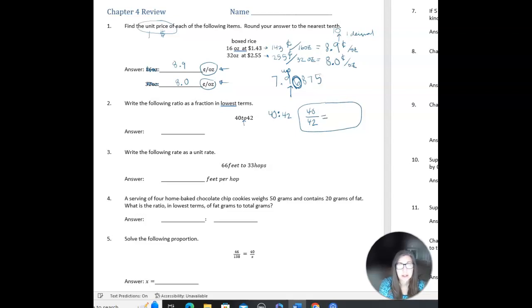I'm going to use my calculator because this is something we've talked about a lot, and I do not want you to leave here without knowing how to do it. These are even, so I could divide by 2. That would give me 20 over 21.